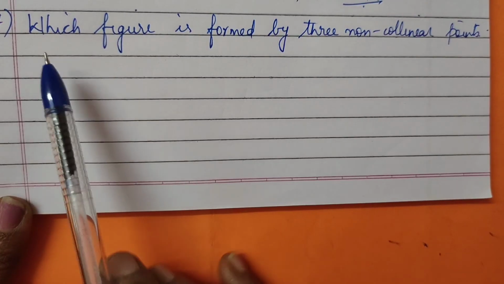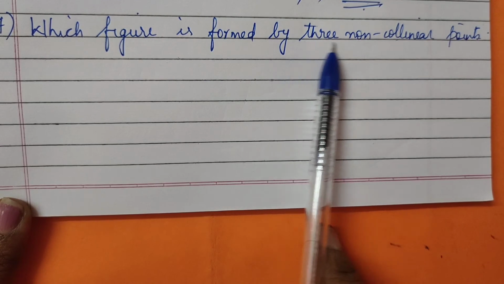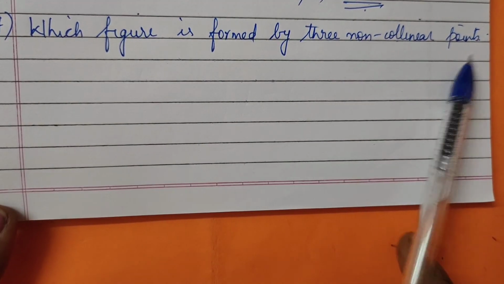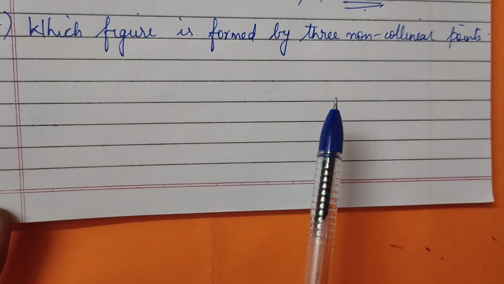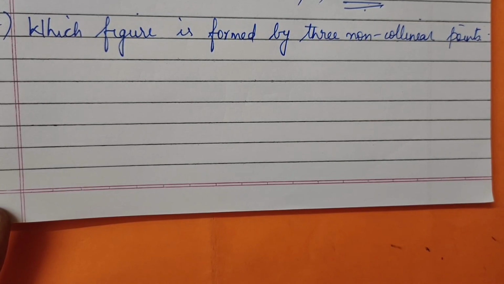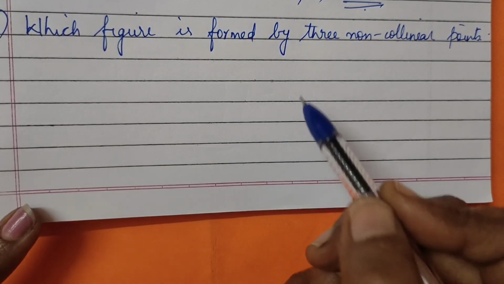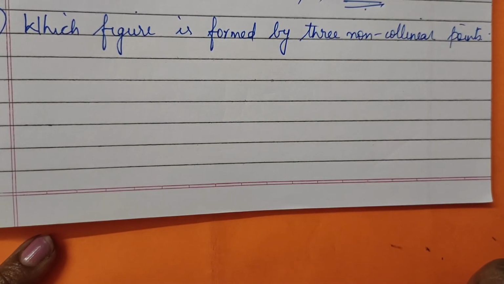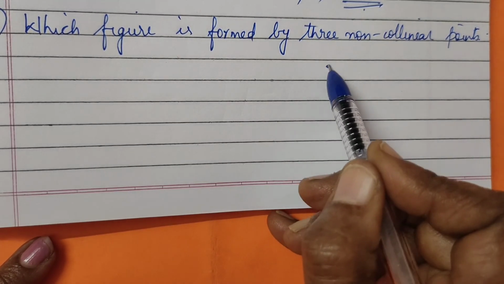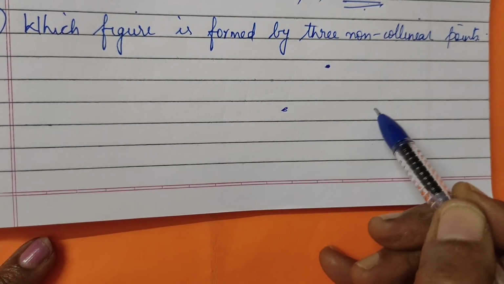The next question is our 7th question. Which figure is formed by 3 non-collinear points? After watching that video, you can easily say which figure is formed. See, 3 non-collinear means what? Which do not lie on the same straight line. One will lie here, one will lie here, one will lie here, like this.